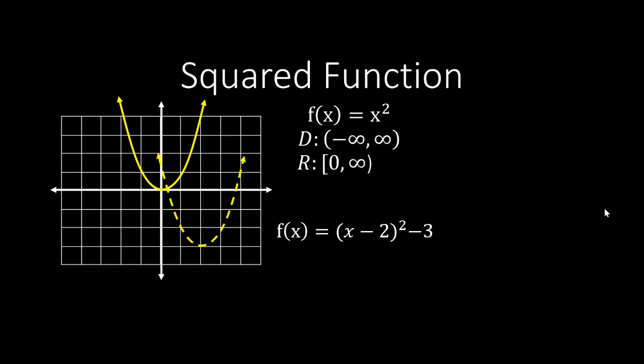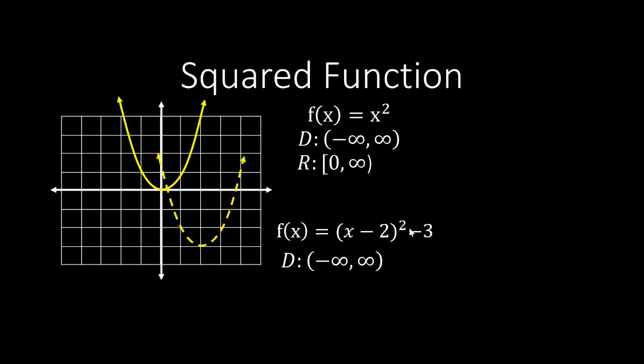Now, because I know what the parent function looks like, and I knew something about domain, the domain of the change is still going to equal the domain of its parent function. Think about this thing went to the right and left forever. Domain was all real numbers. If I take this and move it to the right or the left, I don't change that at all. So the domain of this graph is still all real numbers. But the range is not the same. The range was 0 to infinity.